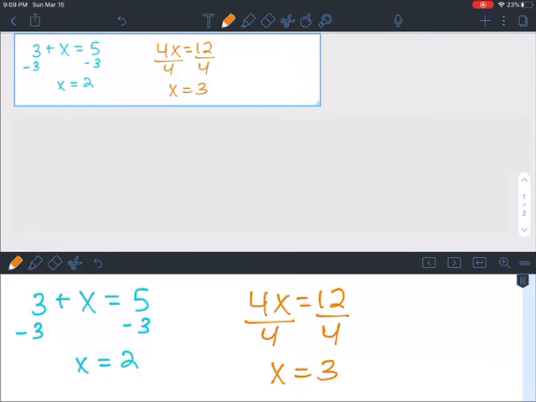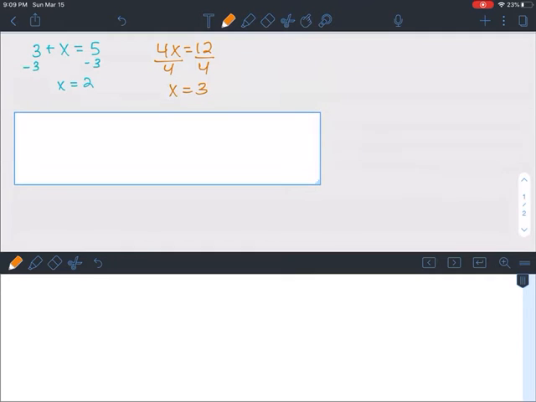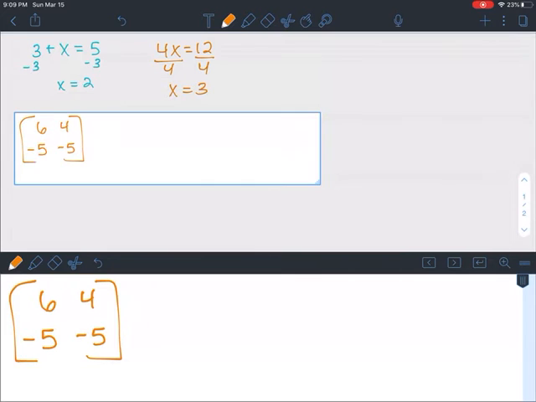So solving matrix equations is really quite the same way. So let me come down here a little bit. And if I had this equation where I said 6, 4, -5, -5 was my first matrix, and I was multiplying that by some variable.